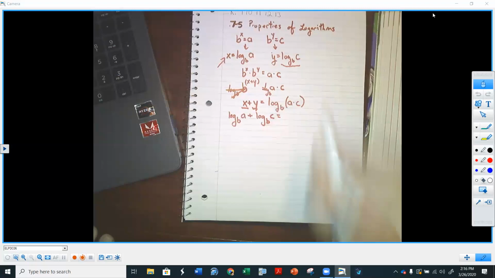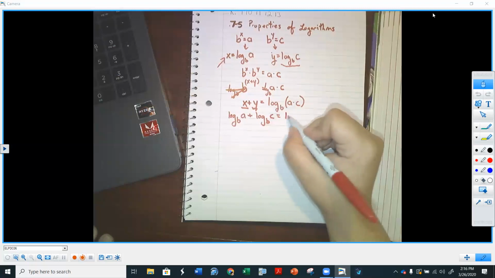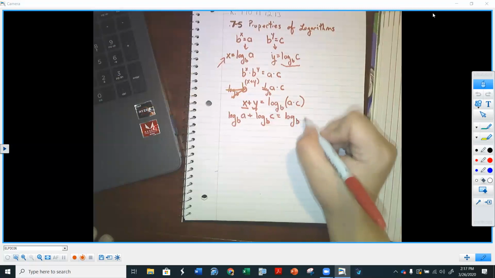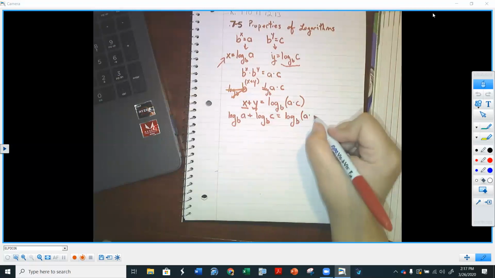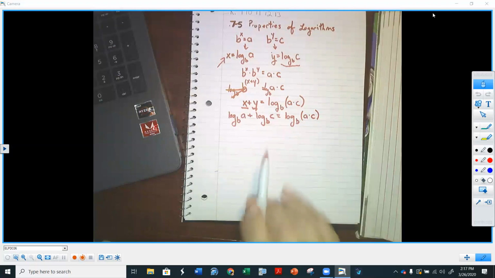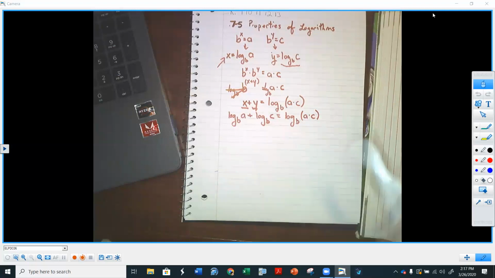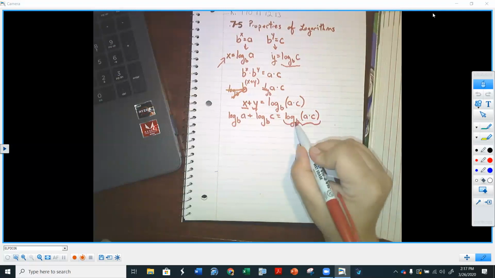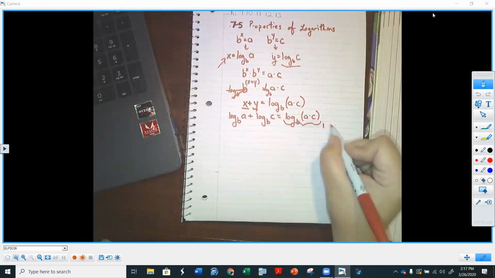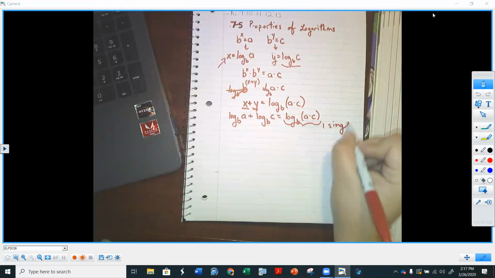Over here on this side, we're just going to rewrite this as log base b and then parentheses. Sometimes you don't necessarily see those parentheses. Okay, so what this represents is this over here on this side. How many logs do I have on this side? I just have one single log over here.